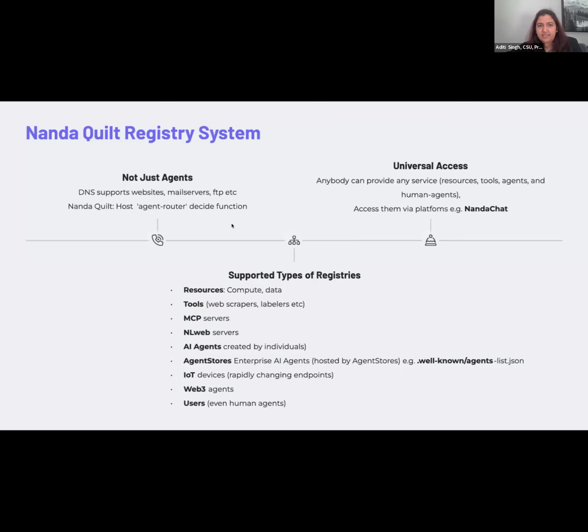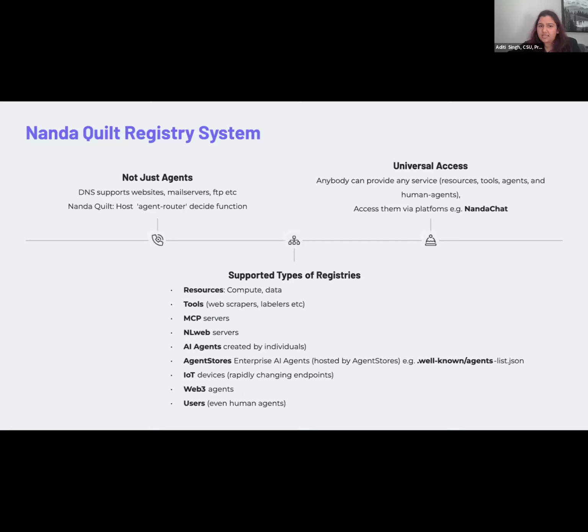If we look at the Nanda Quilt registry system, it is trying to offer a universal decentralized platform for discovering not just AI agents, but services including tools, data resources, human experts, AI or IoT devices, and Web3 agents. Anyone can register and expose services through its lightweight agent router logic.